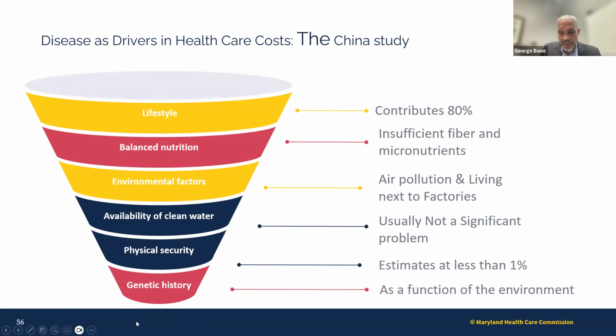The environmental factors have reduced, primarily because we've exported a lot of our manufacturing. Air pollution and living next to factories remain a problem. So we're left with nutrition and lifestyle. 80 to 86% of our healthcare costs are due to these two factors. So it gives us a lens from which a physician could approach this problem. Next slide, please.